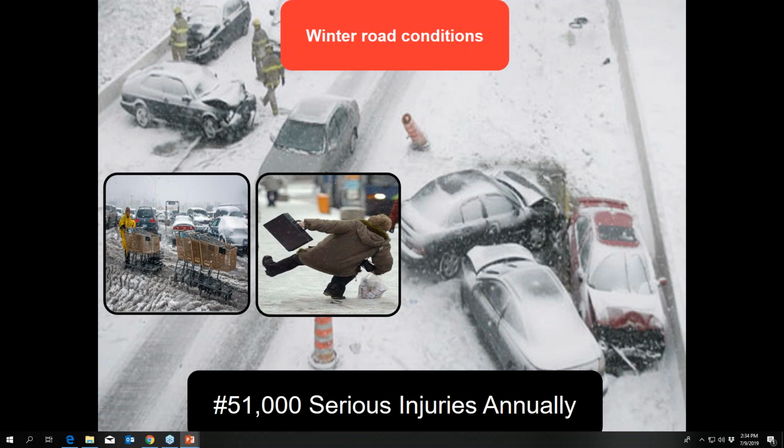Most of them occur on roads, parking lots, and sidewalks, and cost us billions of dollars of taxpayer money for treatment.